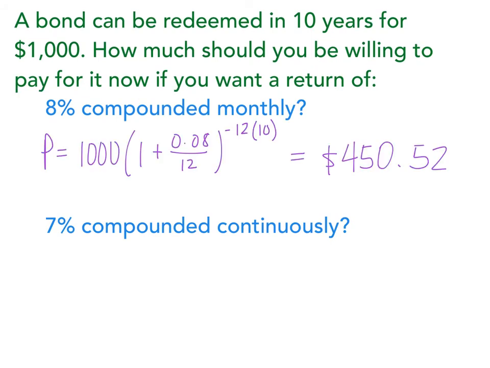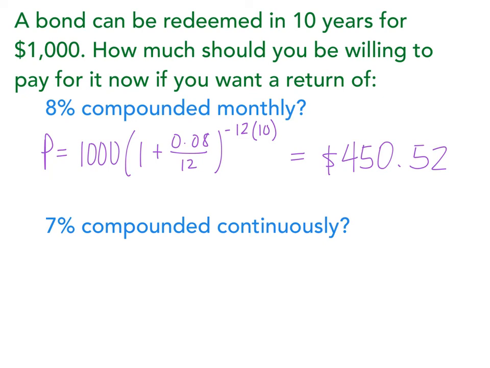So when I plug all of that in, my $1,000, which is what I'm hoping to get out of it, and then my 8% compounded monthly, which is my 12, and that 10 represents that 10 years here, and I plug that in, and I should expect to pay about $450.52 for that bond right now.